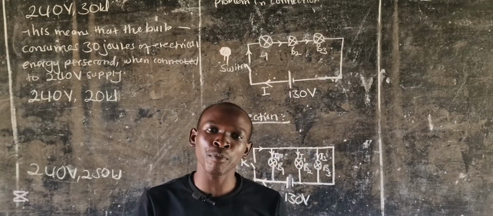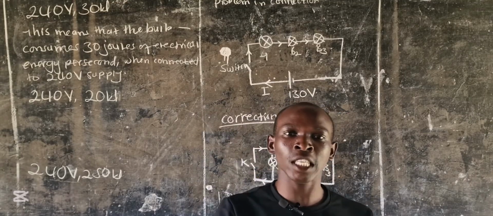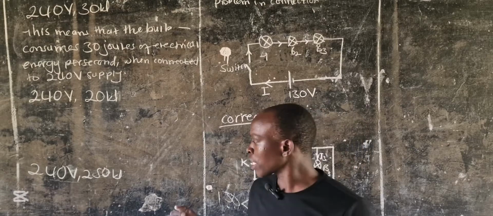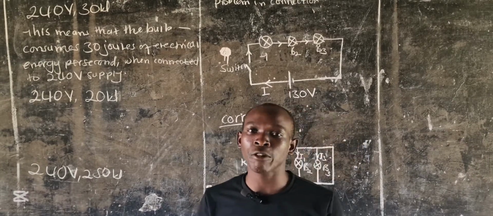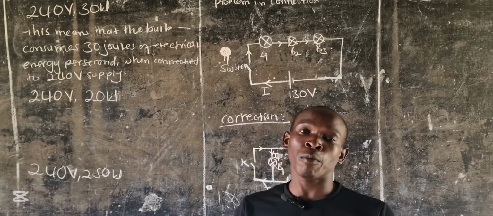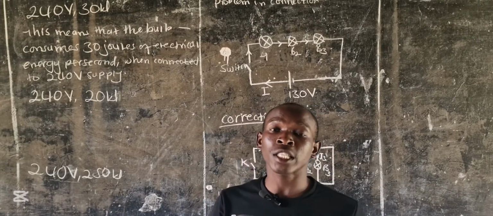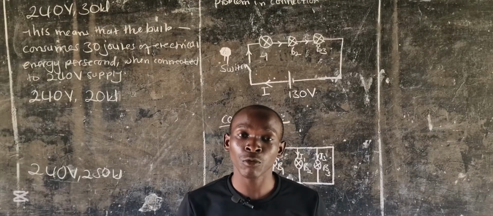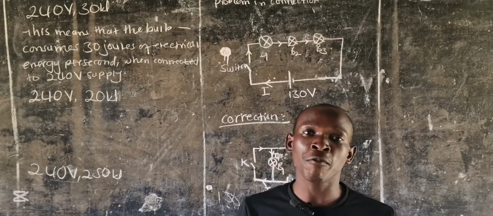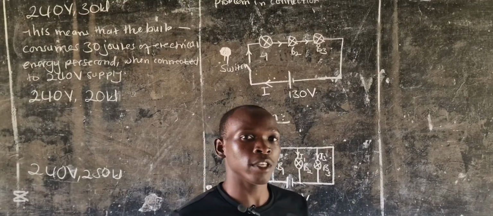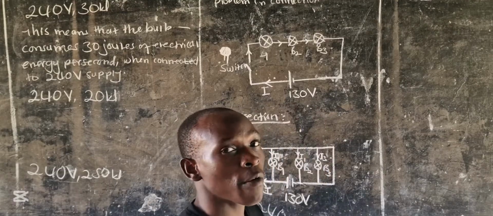We have a step down transformer and a step up transformer. In this case here, since we have a voltage less than the required, then we honestly need a step up transformer such that we can step up our power from 130 V to 240.